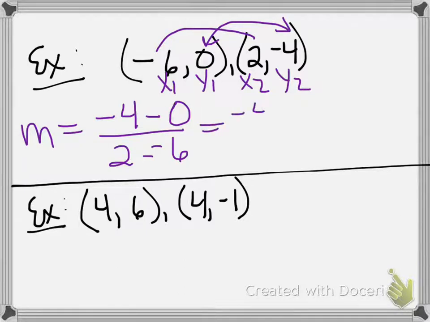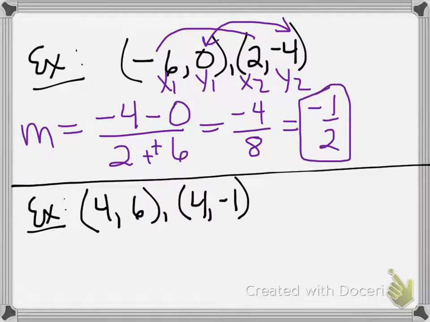Negative 4 minus 0 is negative 4, 2 minus negative 6 becomes 2 plus 6, which is 8. Negative 4 divided by 8 does reduce, and it becomes negative 1/2. So this slope is negative, which means that the line is going to fall. And when they say fall, they mean it's going to fall to the right like that.